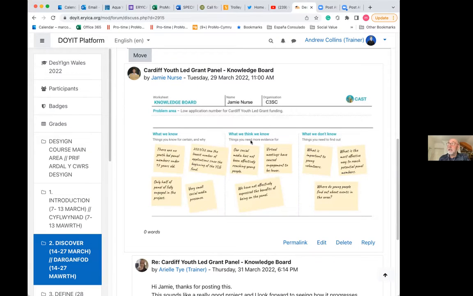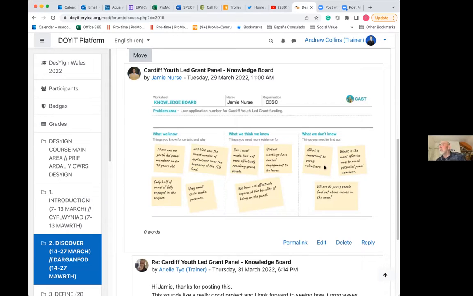And then here there are 3 headings: what we know, things you know for certain and why; what we think we know, the things you need more evidence for; and the last one, what we don't know.